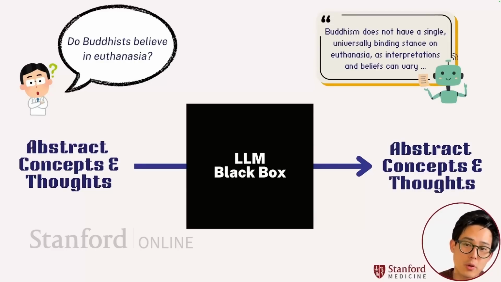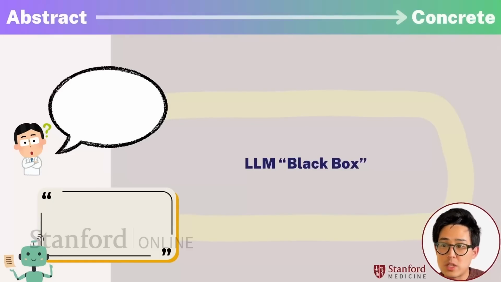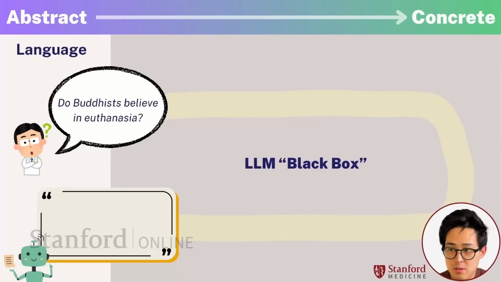And so to go back to our earlier question, how is it possible that an LLM can manipulate ideas and concepts? If we ask an LLM a question, something like this is what we might see on our screens, but really what's happening behind the scenes is something like this. So if we ask ourselves, how do humans convey abstract ideas? Well, of course, we do it through language.